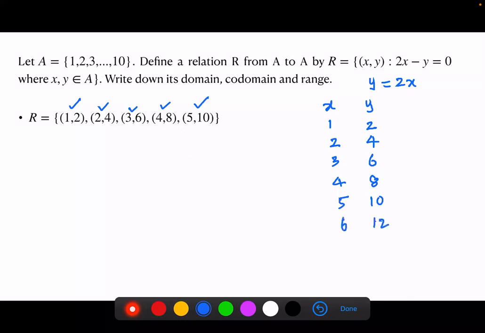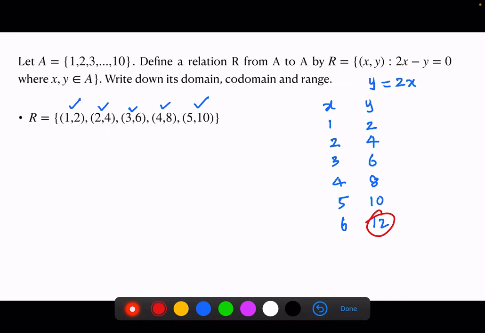Here, I am forcing my source set and the target set to be the same. I'm connecting elements in the same set, right? So for 6 to be connected, I need to have 12. But I don't have 12 in my target set because the target set is also A. My set has only the first 10 natural numbers.